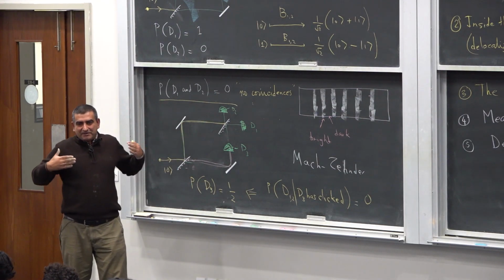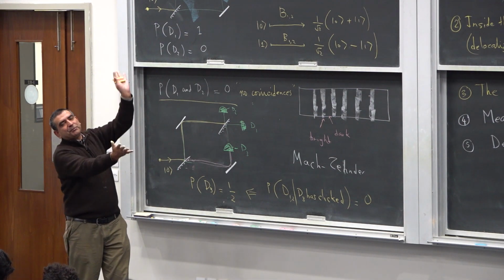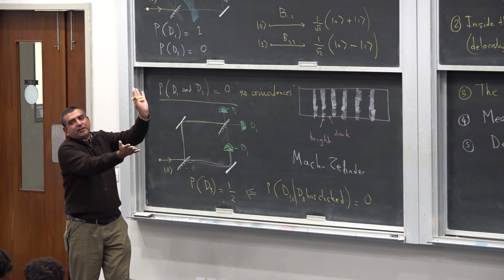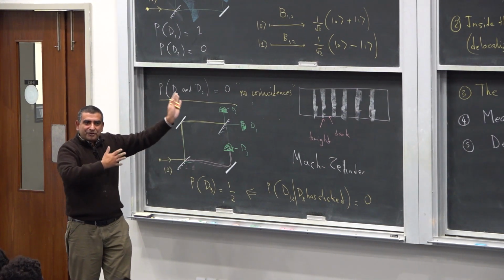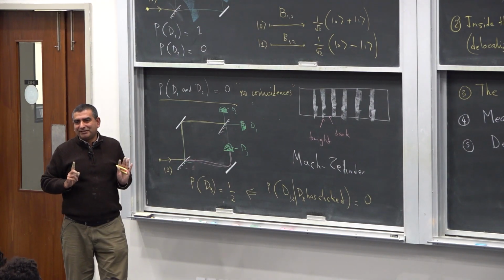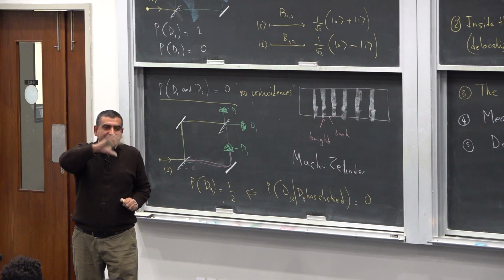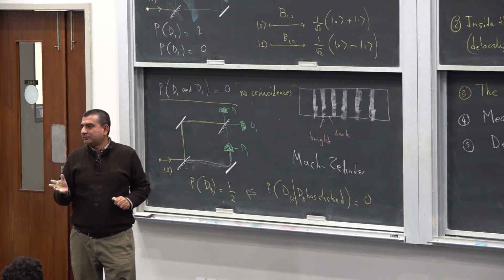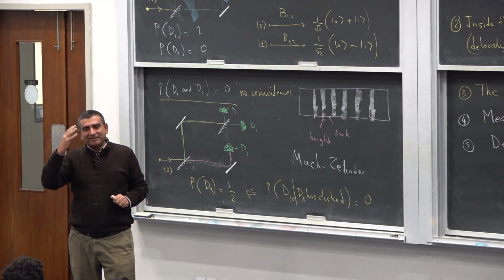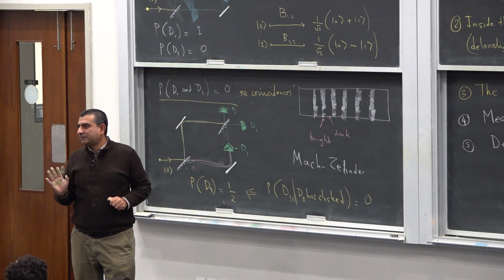A beam splitter, having one photon come in, there's an equal probability of the photon going to the transmit route or through the reflect route. So once we gather information about the path, the fringes disappear. The bright versus dark notion disappears.